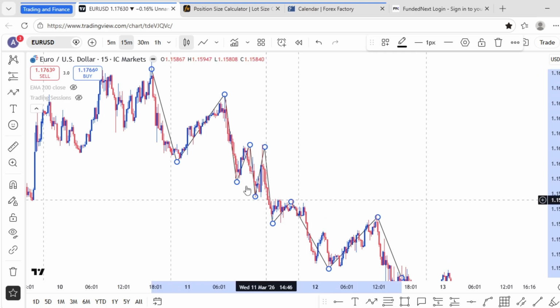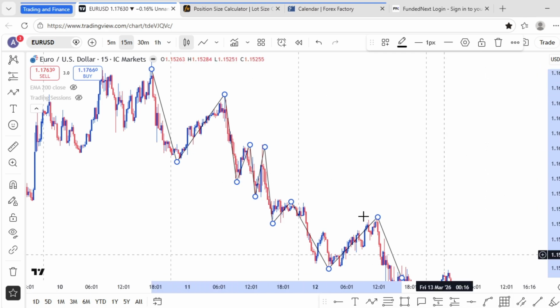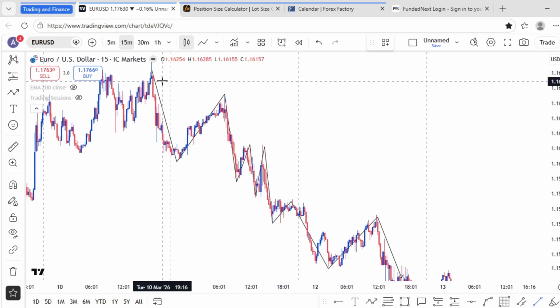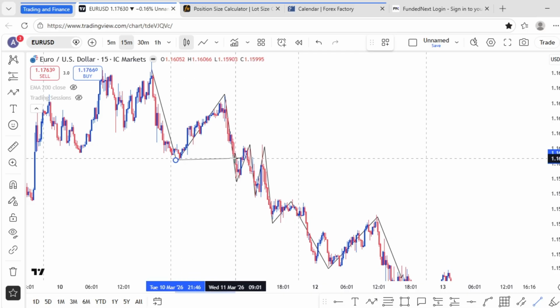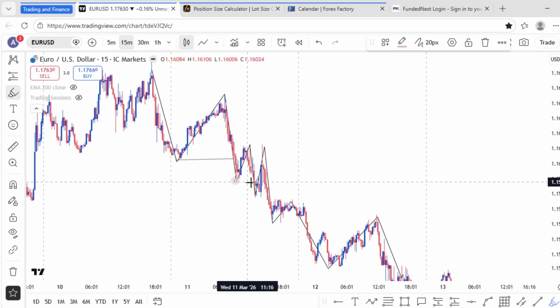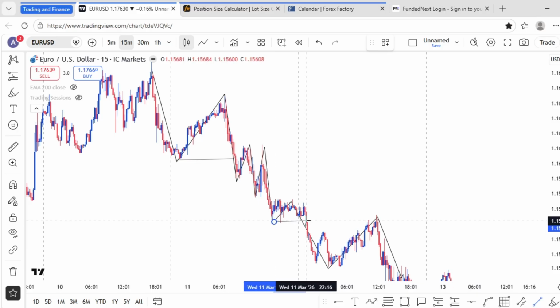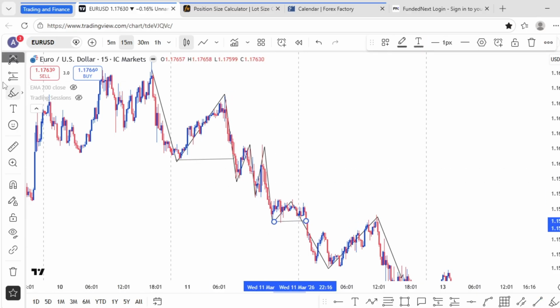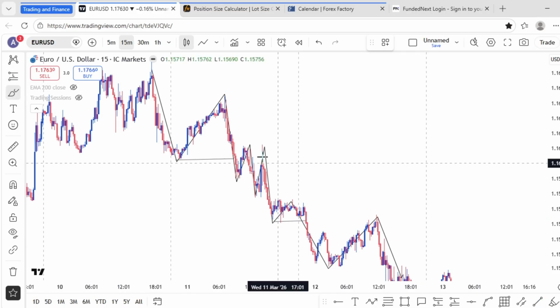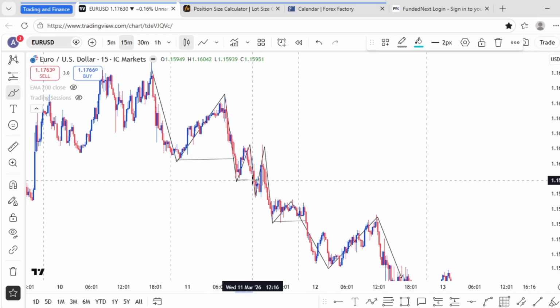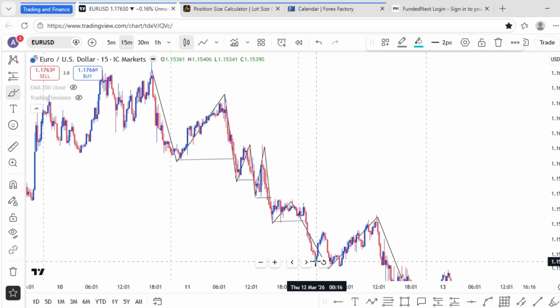Okay, so as it is breaking the lows to the downside like this, you can see it is breaking the structure to the downside.